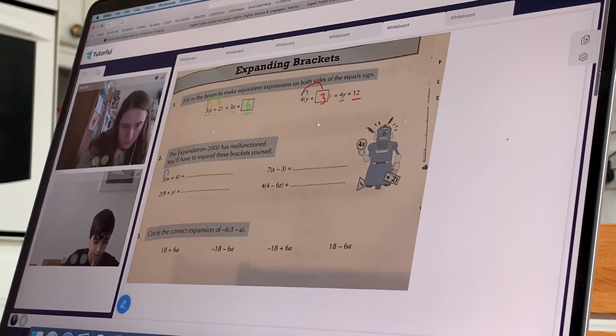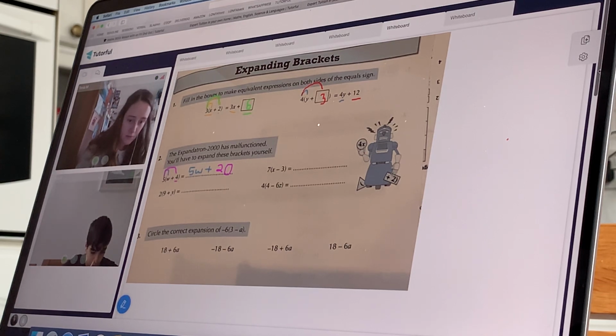And then plus 4 is 9. So 5w add 9. Not quite 9, because we're expanding the bracket, so we need to multiply again. You have to multiply it. Plus 20, yeah. So then we get 5w plus 20.